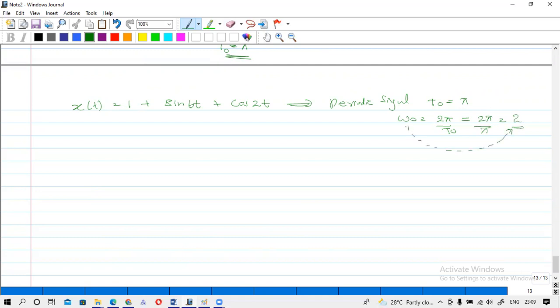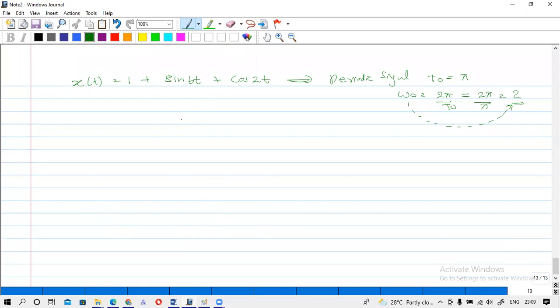This value is also somewhat important. Now we see this information. Let's see how we can write this as a collection of complex exponential functions. So you can use the Euler formula.